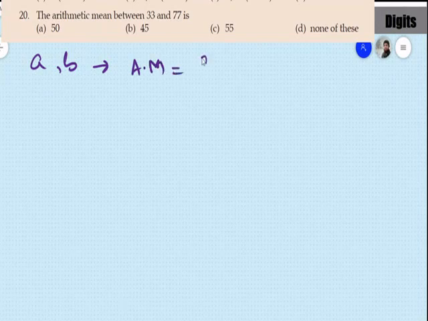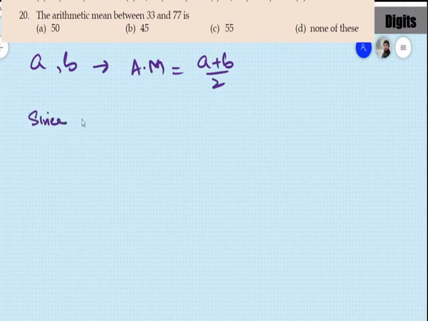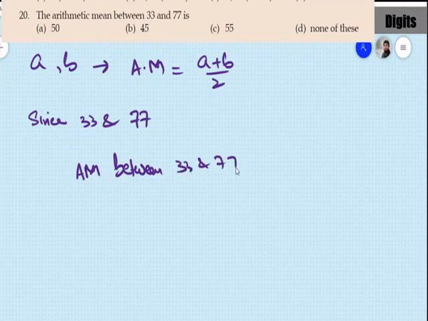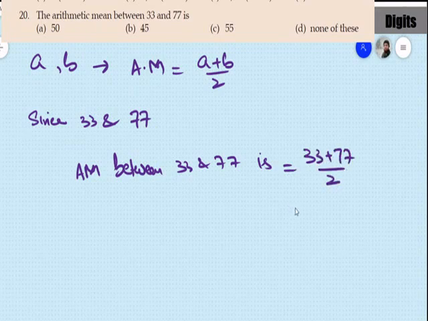Now we are given the numbers 33 and 77. Therefore, arithmetic mean between 33 and 77 is 33 plus 77 divided by 2, which will be equal to 110 divided by 2, which will be equal to 55. Therefore, option C is the correct answer.